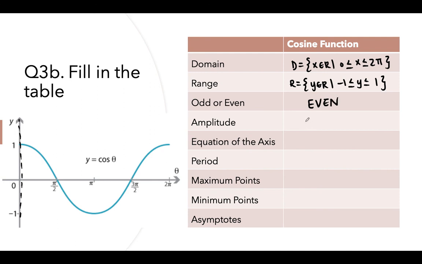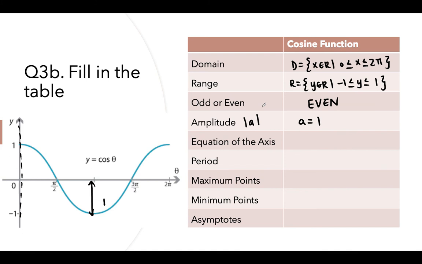Amplitude is, again, the maximum minus the minimum divided by 2. It's going to be 1. As you can notice right away, from the minimum point to the equation of axis, this is 1. Keep in mind, amplitude has to be positive.